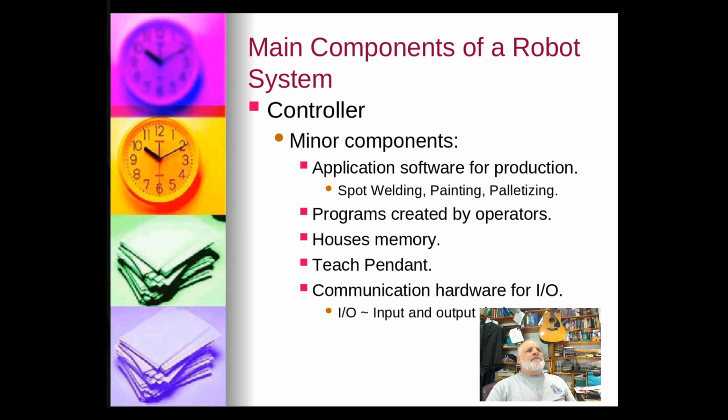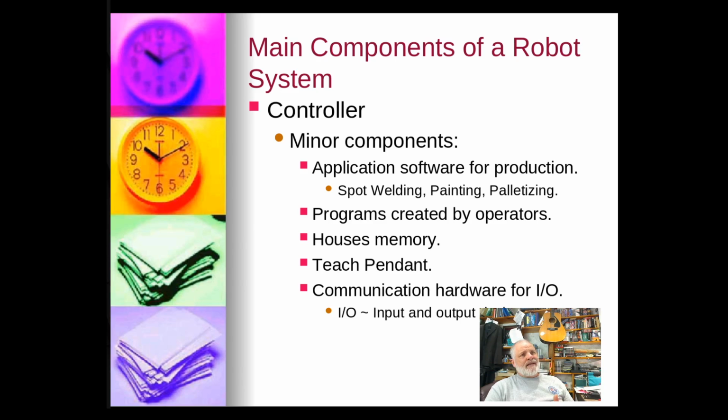All right. The controller then is going to be running software. So we have the application software. When you purchase the robot, you're going to get this application software. In a PC, you would probably think of it as Microsoft Windows, the base operating system of the computer.